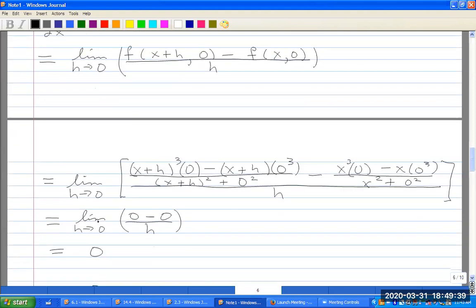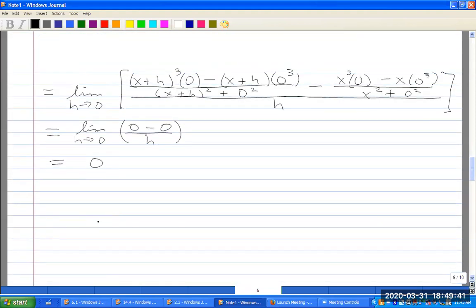Let's look at the partial of f with respect to y.